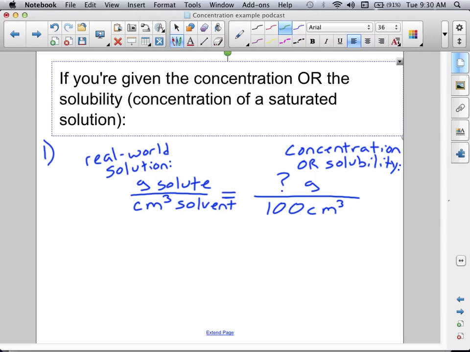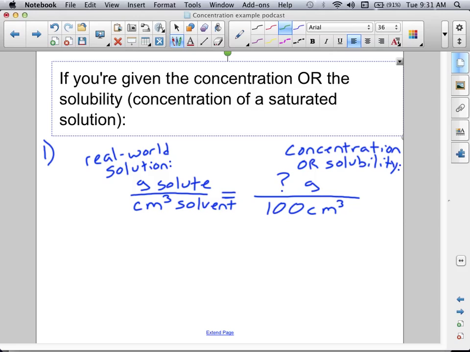So what does question number 1 give us? It says if a solution has a concentration of 15.0 grams per 100 centimeters cubed, how many grams of solute are dissolved into 110 centimeters cubed of the solvent?